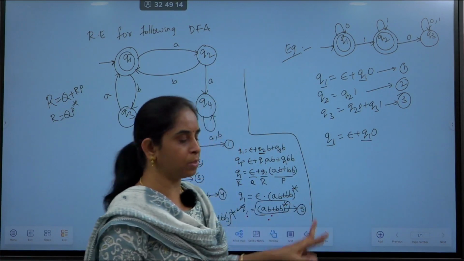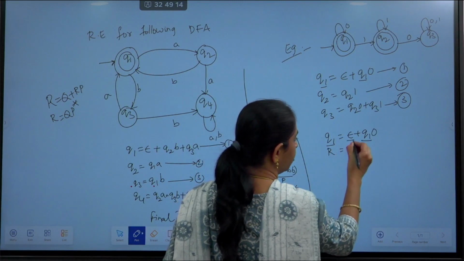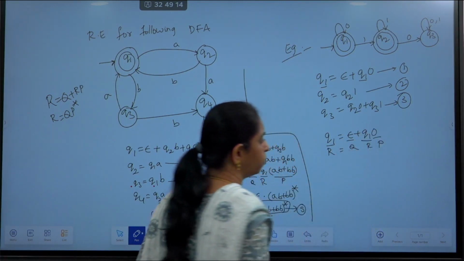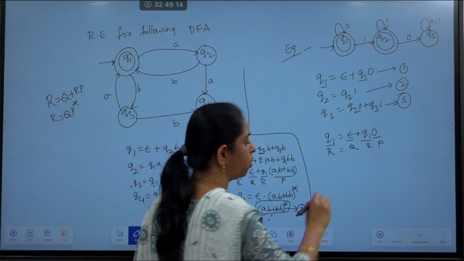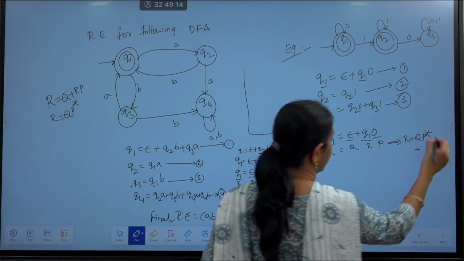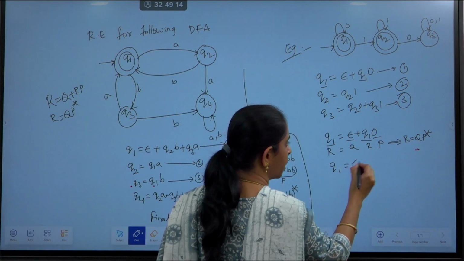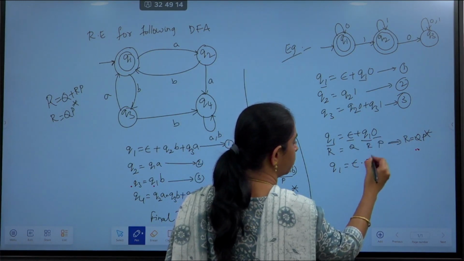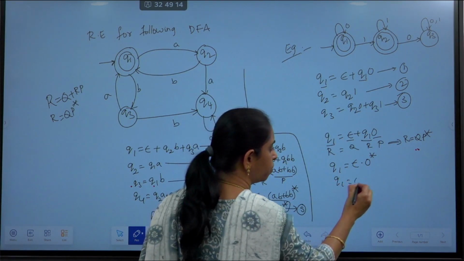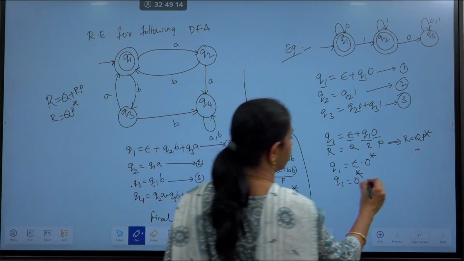Whenever we have the same state on both sides, apply Arden's theorem: this is R, this is Q, plus this is R, this is P. Whenever we have this format, we write R equals QP star. R is Q1, Q is epsilon, P is 0. Epsilon into 0 star, so 0 star itself. So we have reached Q1.